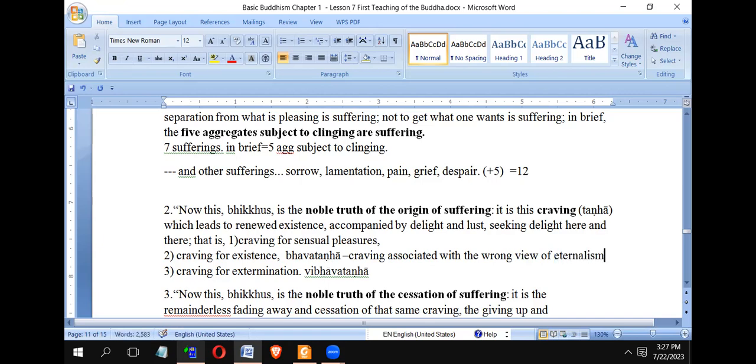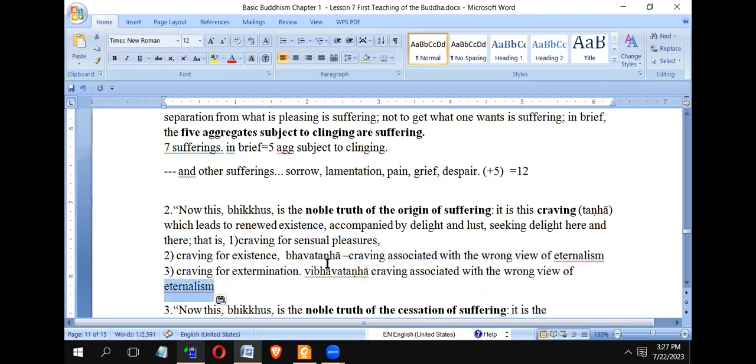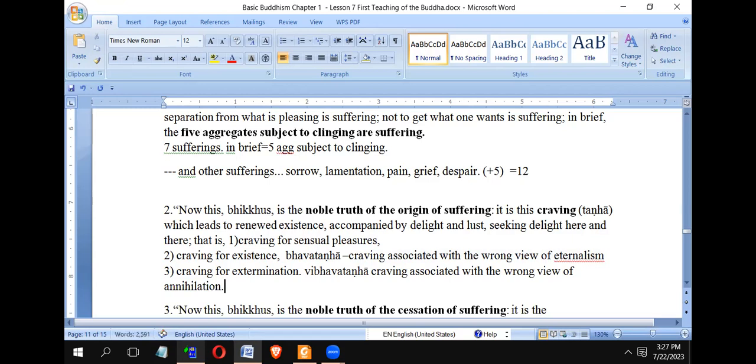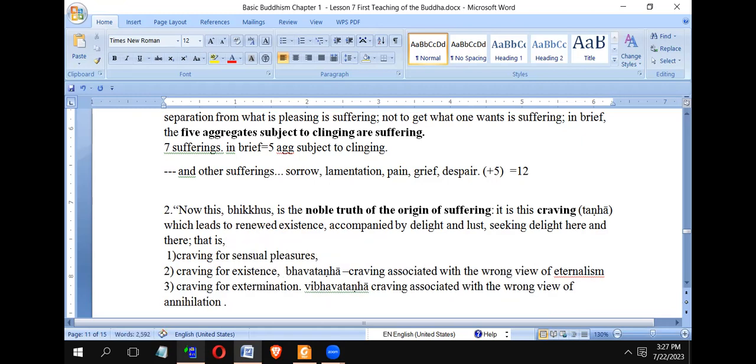Eternalism, yeah. So the other one is craving associated with the wrong view of annihilation, which means that after you pass away, there's no more. So in this life, most people have which kind of craving?